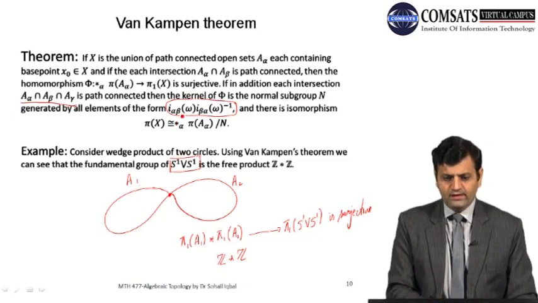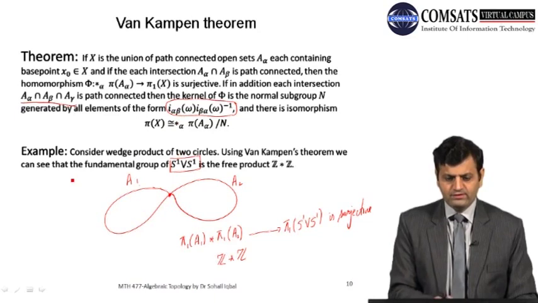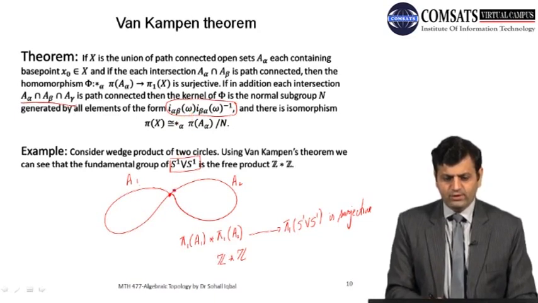Whenever we apply i alpha beta from the intersection, this is just a point, and a point has trivial fundamental group, so this is just going to be the identity. When we apply i alpha beta on the identity we get the identity, and when we apply i beta alpha on the identity we get the identity. That's why this is trivial in this case. So we have the free product of Z with itself as the fundamental group of S1 wedge S1.